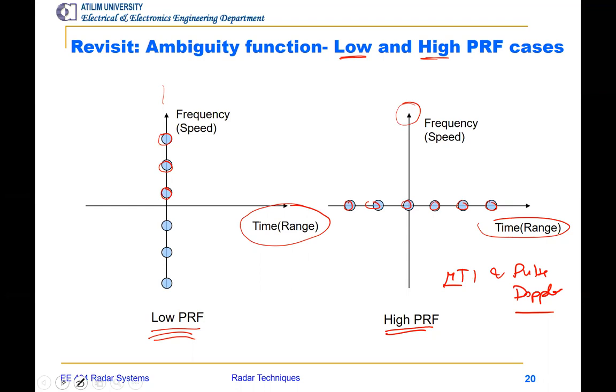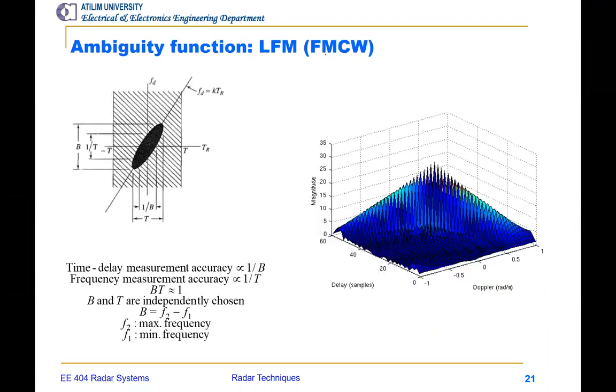And the solution will be FMCW radar, linear FMCW radar, where we have some improvement on both range and Doppler axis. Here's the Doppler axis, here's the range axis. For any pulse radar, we get an ambiguity function like this or like this. Now you see for FMCW radar, it's slanted, at 45 degrees.